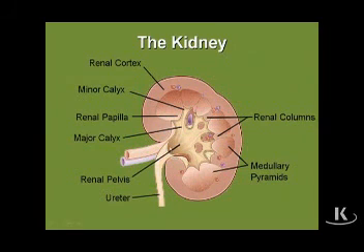So the urine that's been produced by the filtration portion of the kidney gets carried away through collecting tubules to minor calyces to major calyces to renal pelvis to ureter.